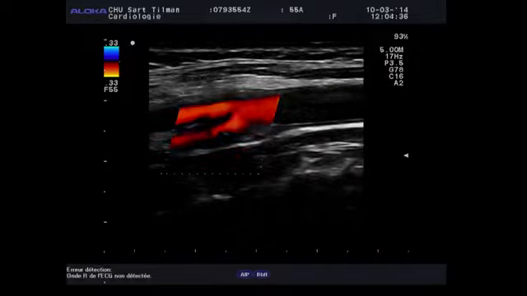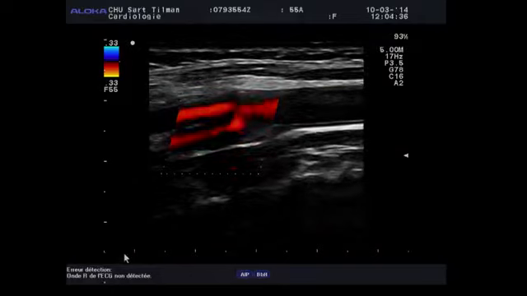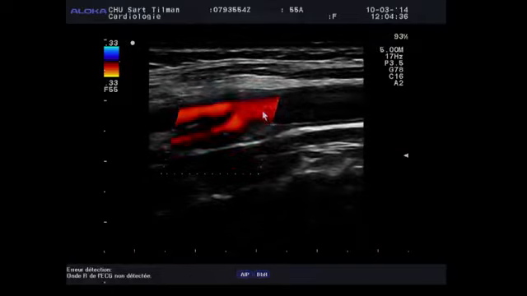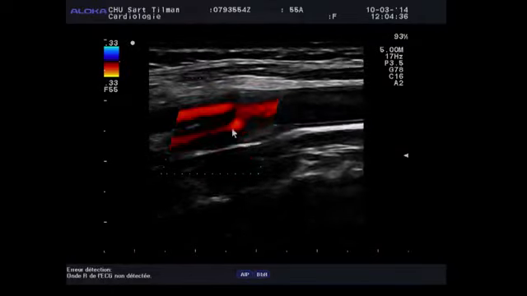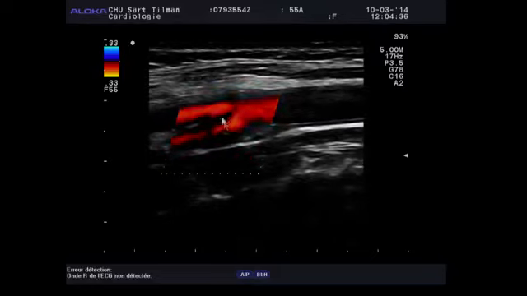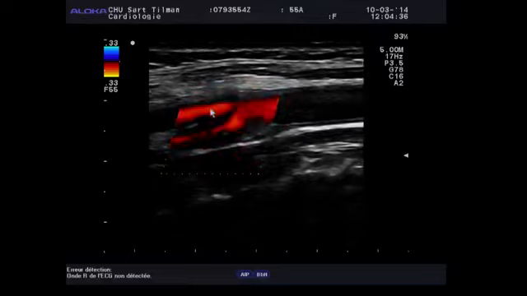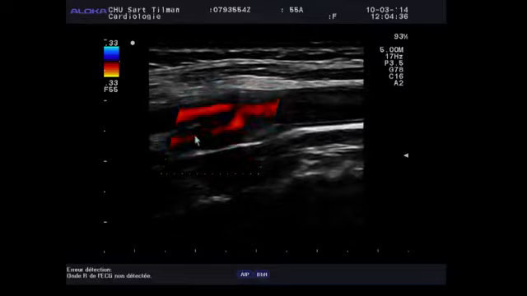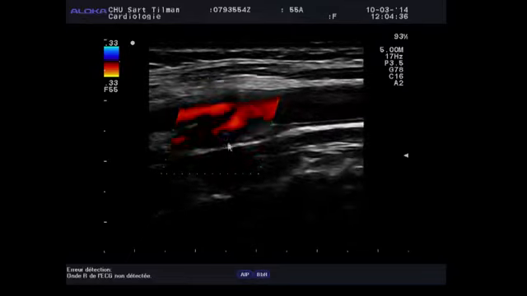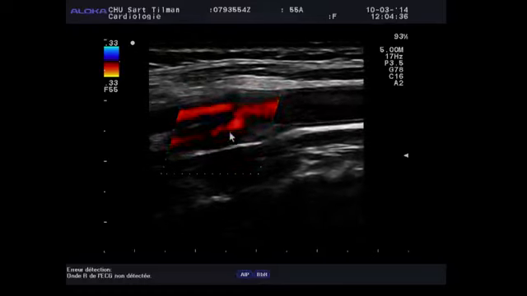And then you turn on the color Doppler, and you can see here the flow in the common carotid artery, the internal carotid artery, and here the external carotid artery. You can see here the plaque we've seen just before.